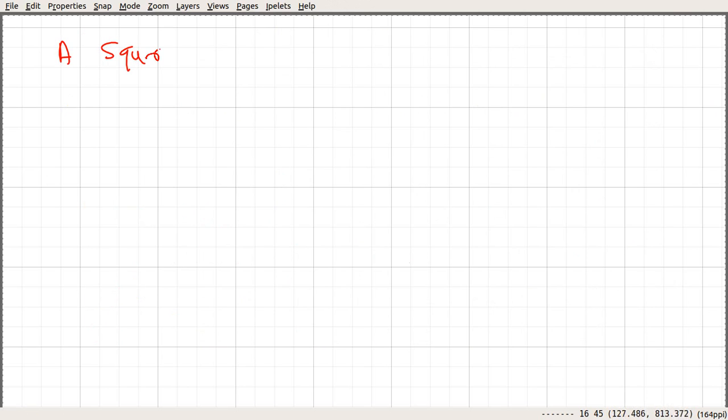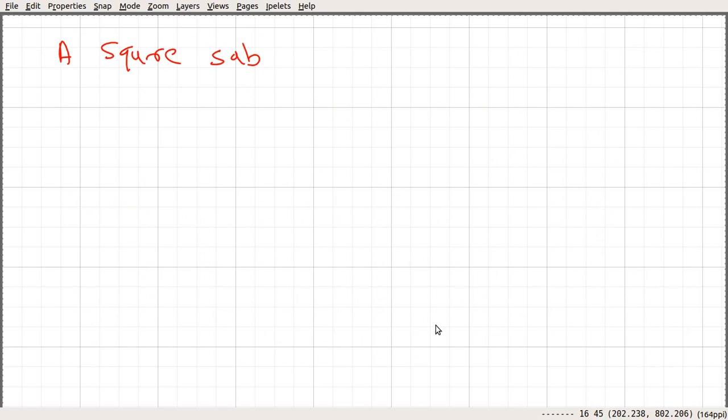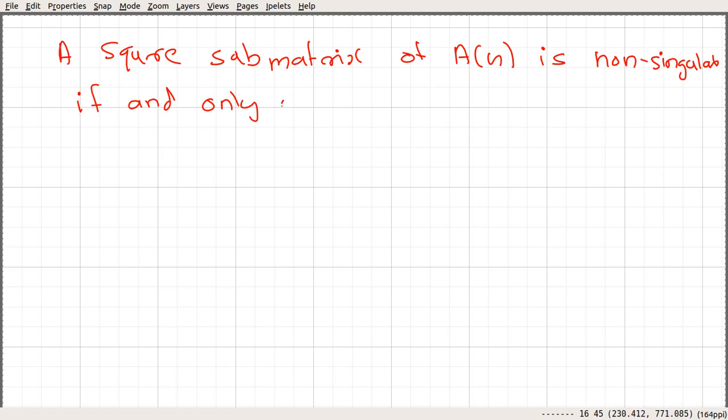Every square submatrix of order n minus 1 by n minus 1 in AG is the reduced incident matrix of some subgraph H in G with n minus 1 edges and vice versa, and from the previous video we know that a square submatrix of AG is non-singular if and only if the corresponding subgraph is a tree.